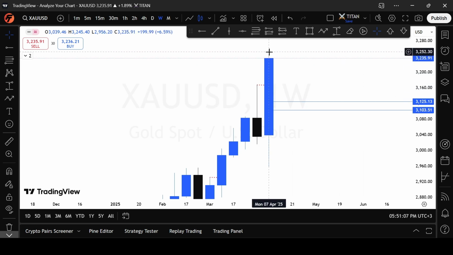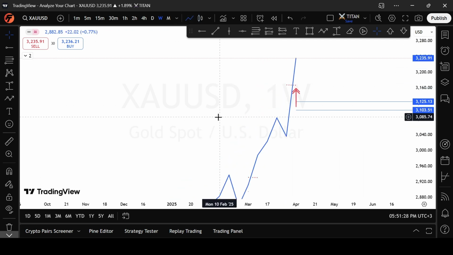So usually by looking at the weekly candle, this can help us to frame the image of the next week, right? How the next week is going to go, how the next weekly candle is going to look. And usually there is a trick that I like to use, right?